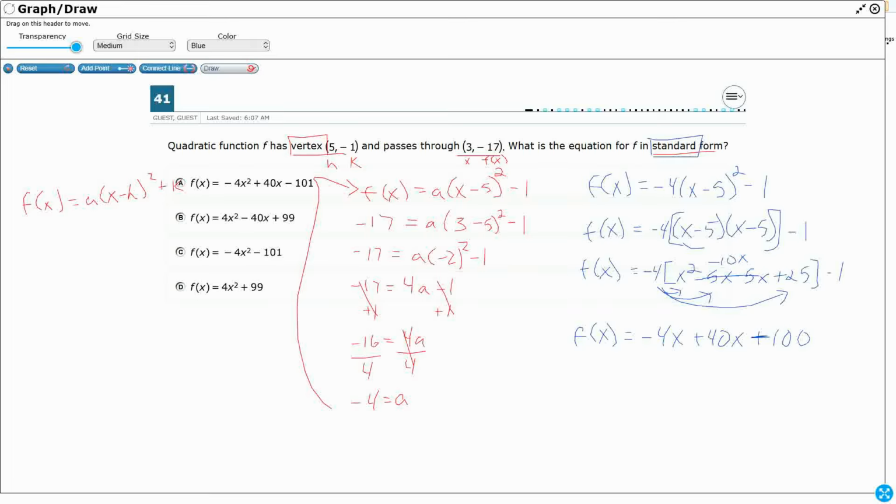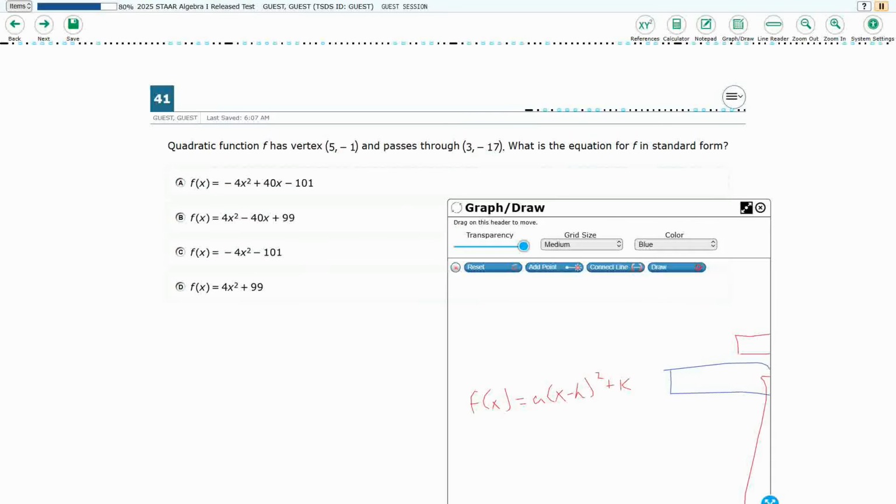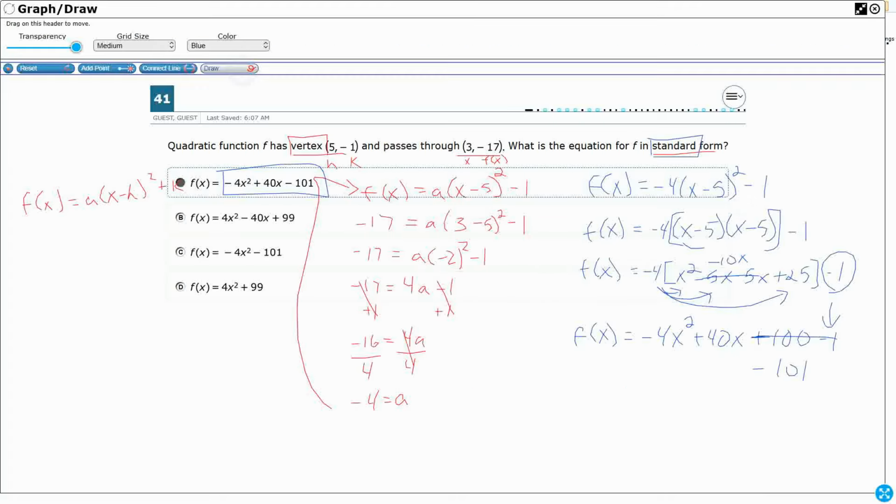So we'll go ahead, negative 100. And then I still have this little negative 1. So all we need to do is simply change that to minus 101. And here we go. We've got negative 4x squared plus 40x minus 101. That was a lot of algebraic reasoning, but we were able to get that.